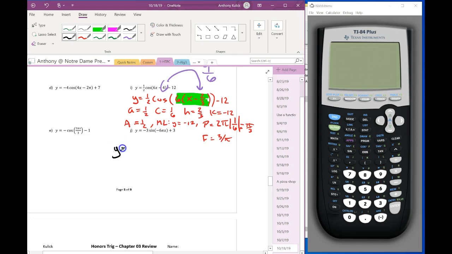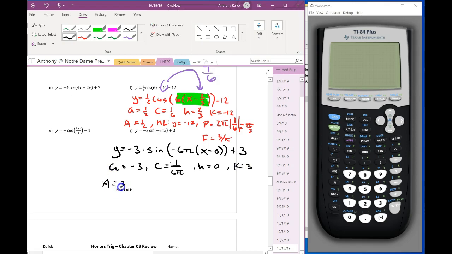Doing the same thing, so y equals -3 times sine of -6 pi x minus 0 plus 3. So a is -3. C is -1 over 6 pi. H is 0. K is 3. So my amplitude here is the absolute value of -3. My midline is y equals 3.